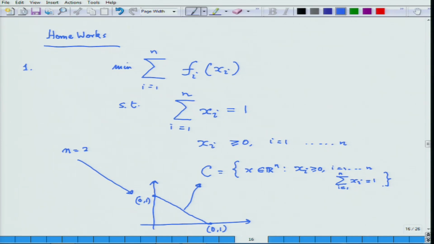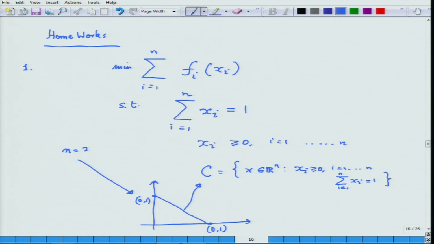If we assume all the f_i's are differentiable, then they are continuous, and my feasible set is compact, hence there will be a solution.